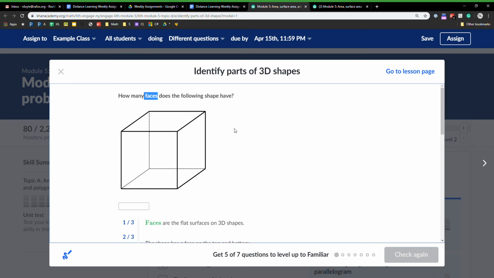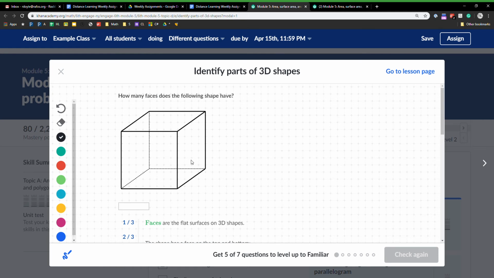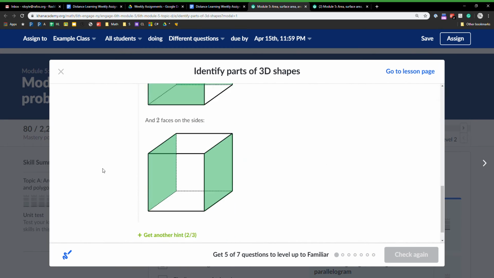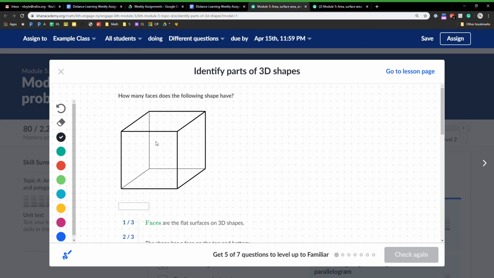If the way these shapes are drawn is confusing, keep in mind that the dotted lines are the things you would not normally see if you were looking at the real shape. This would be like looking at a Rubik's Cube, where you can only see three of the sides at the same time, or a dice.